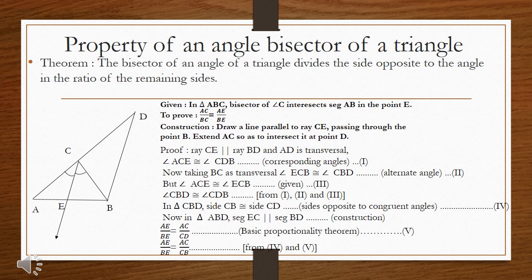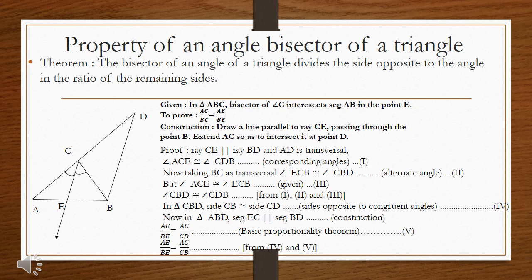Now take a bigger triangle. In triangle ABD, we have just constructed that seg CE is parallel to seg BD. Therefore, by BPT, the basic proportionality theorem, we can write the ratio of sides AE upon BE equal to AC upon CD.